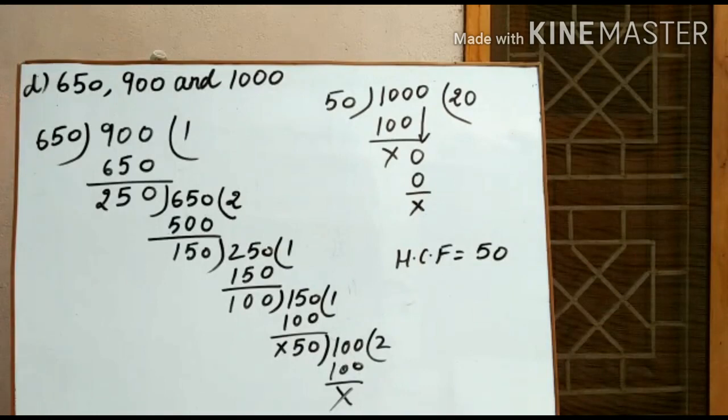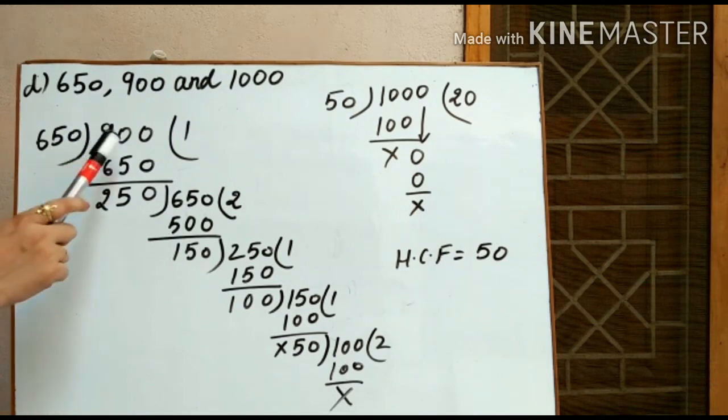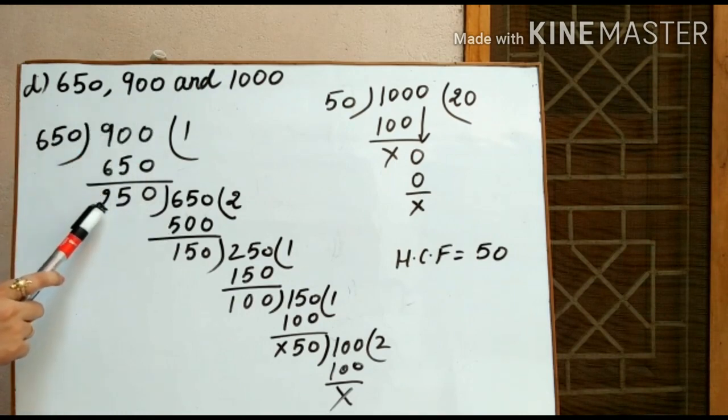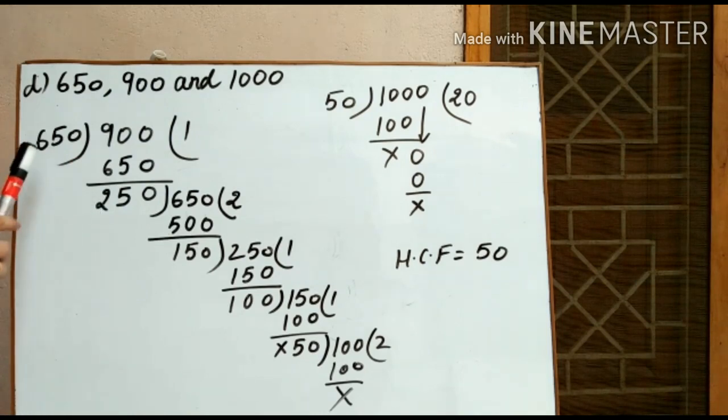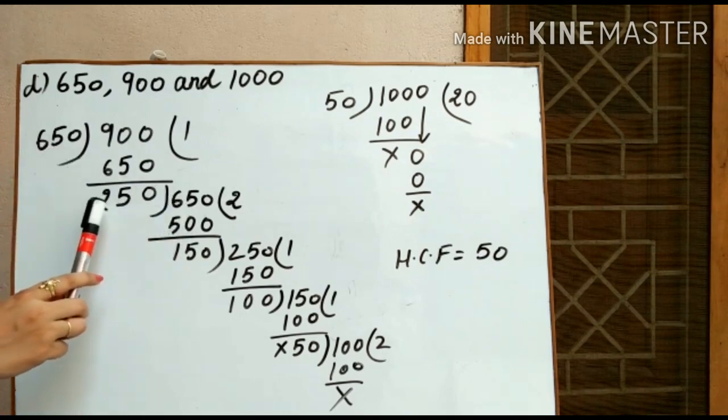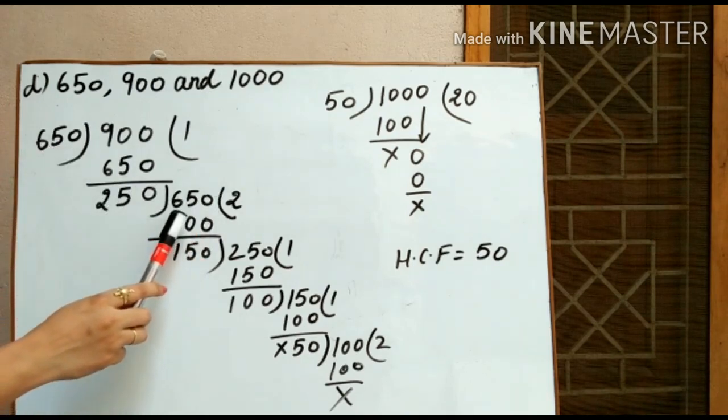Now D. After given number, this one is the smallest number and this one is the just more than this number. So we will take 650 as divisor and 900 dividend. 650 1 ja 650. Subtract and we will get 250 as remainder. Now 250 will become divisor and this 650 is dividend. 2 5 ja 500.